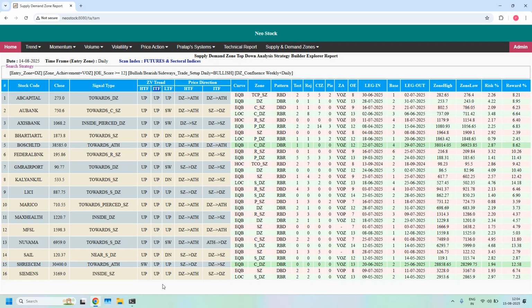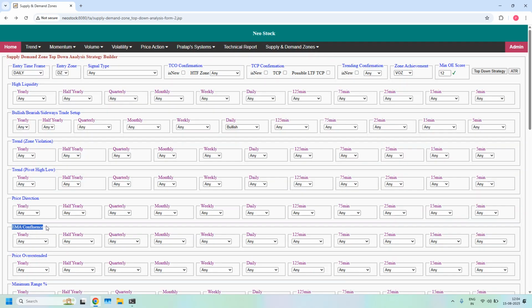So that's why we can further filter this list based on the weekly demand zone having weekly EMA confluence, because the daily demand zone is overlapped with the weekly demand zone. So let's go back and apply one more filter, EMA confluence on the weekly time frame. I'm setting a weekly demand zone having weekly EMA confluence, because the weekly trend is uptrend in all the stocks.